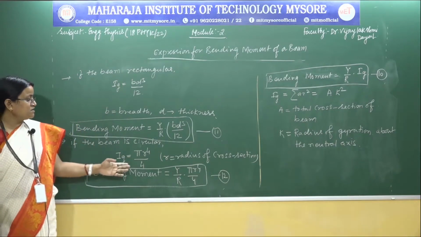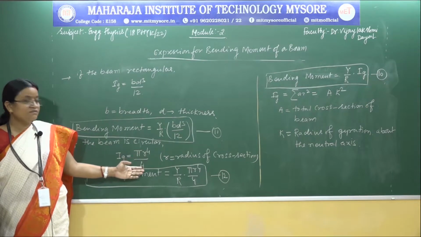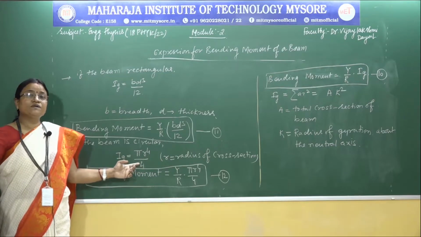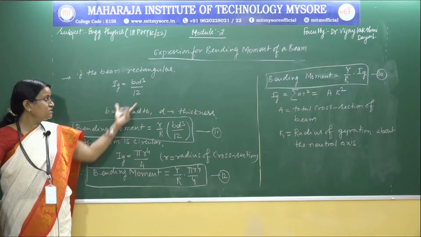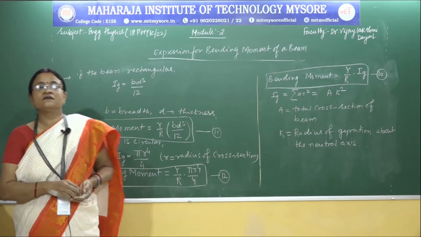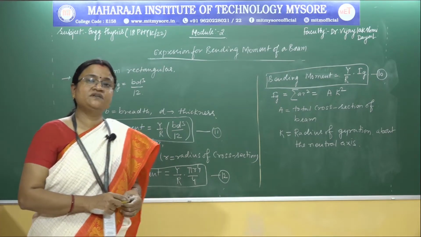So, if the beam is circular, Ig is equal to pi r to the power 4 divided by 4. So, when you substitute the value of Ig, accordingly you will get the bending moment as per the shape of the beam.